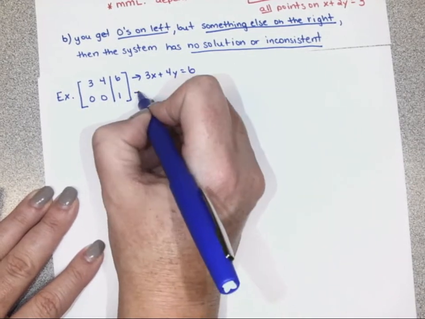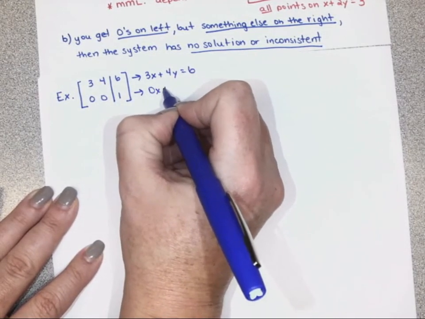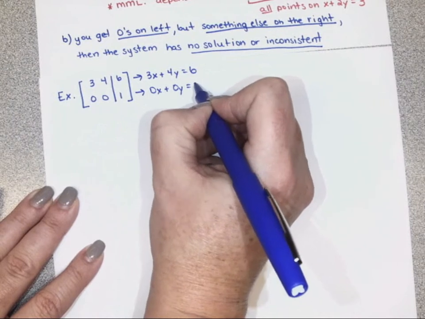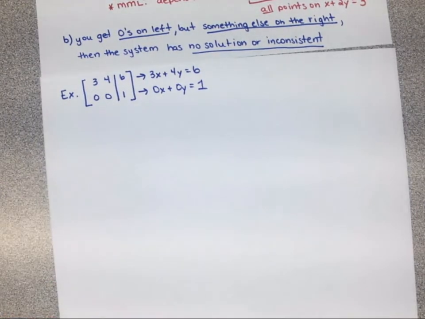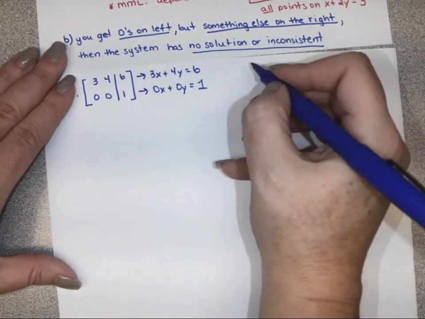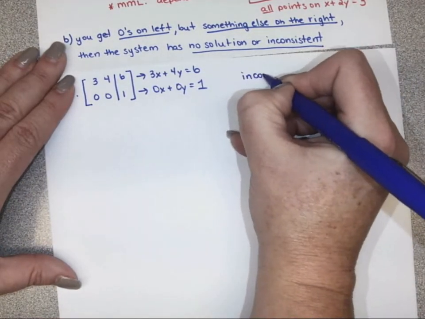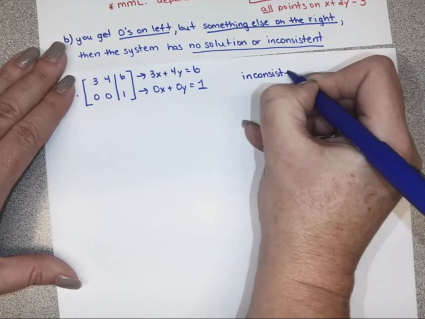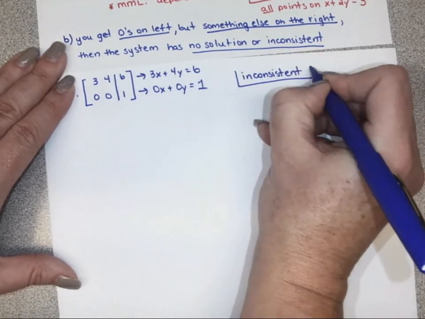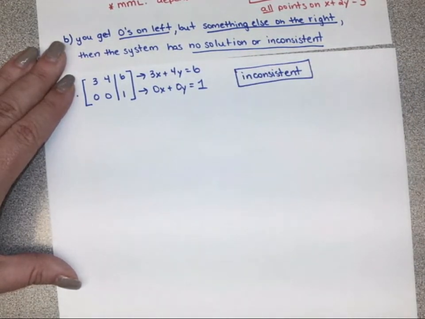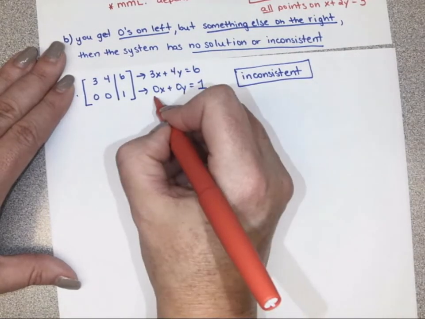But the problem comes in the second row. This is not ever going to be true, because 0 times something plus 0 times something should be 0, and it's not. So we would say inconsistent, or no solution, because this right here is not possible.